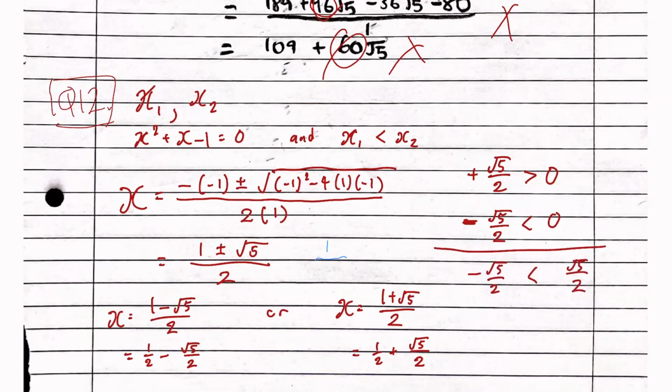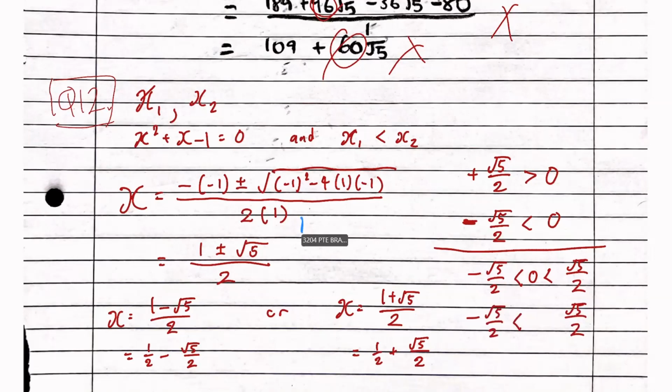Agree? Negative is less than a positive number. Or if I want to write it rigorously, it will be something like less than 0, then less than square root 5 over 2. You read it in this direction. So then what can you do now? You can ignore the 0. It's really just negative square root 5 over 2 is strictly less than a positive square root 5 over 2.